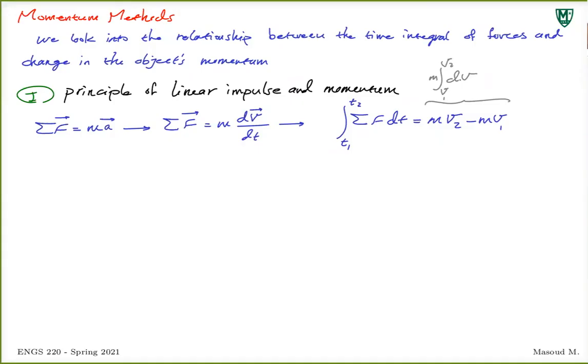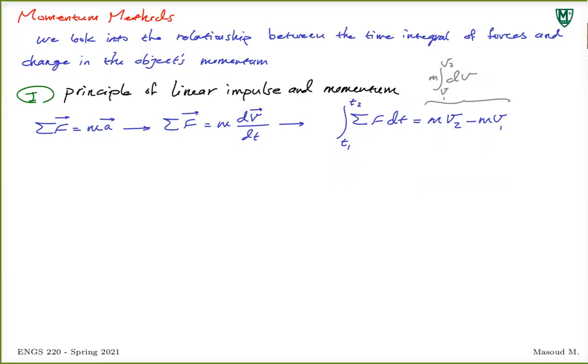That's not the scope of this course; you'll deal with that in fluid mechanics, where you're going to use momentum methods to derive some relationships and equations. Here, we just assume that mass is constant over time. And that integral of dv from v1 to v2 becomes mv2 minus mv1.